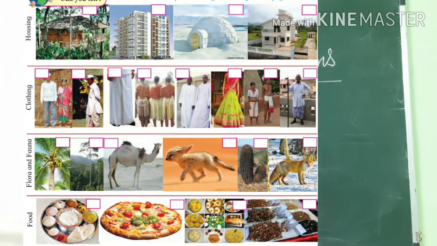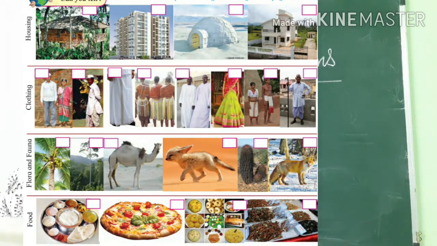They are also eating chapati and vegetables. In India also many people eat this only. But here they are telling that according to the atmosphere, according to the conditions, according to the region where they are living, the food also depends upon the area and the region where you are living.